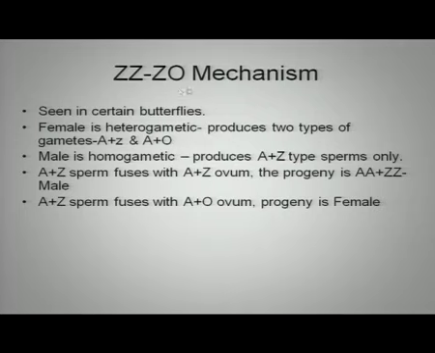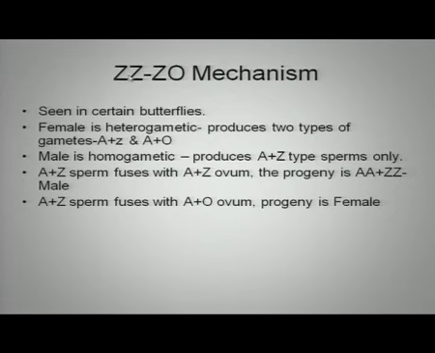The ZZ and Z0 mechanism, just like the XX and X0 mechanism, is another mechanism of sex determination seen in some butterflies. Here the female is heterogametic, producing two different types of gametes, autosome plus Z chromosome and autosome only, that is A plus Z gamete and A plus 0 gamete.